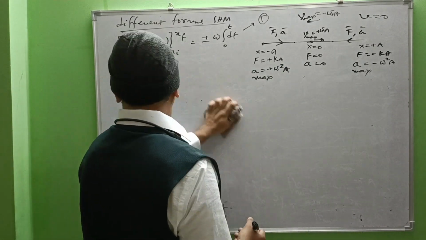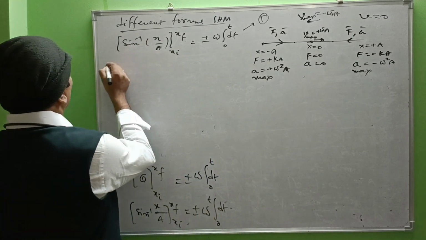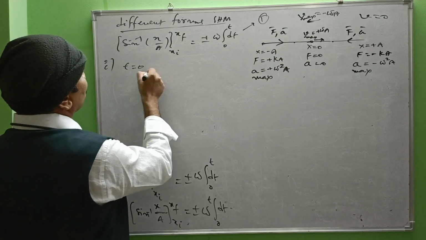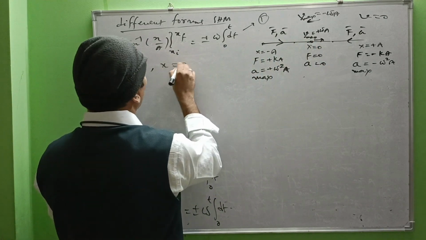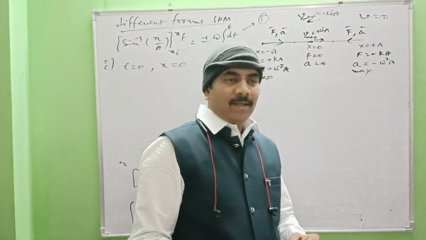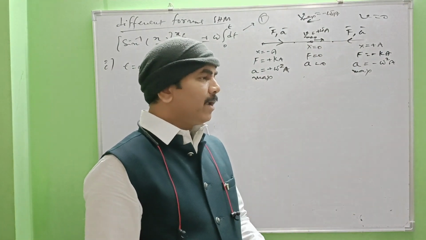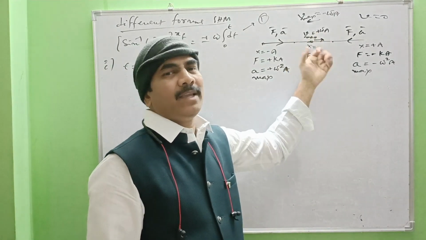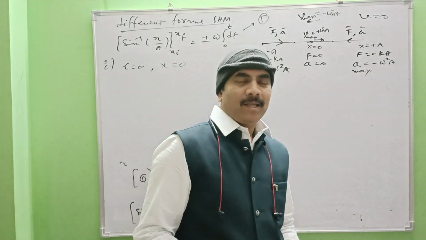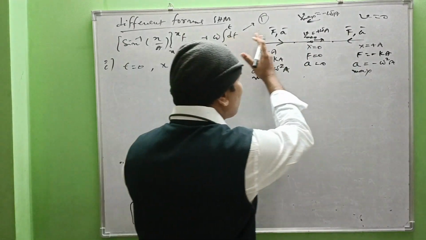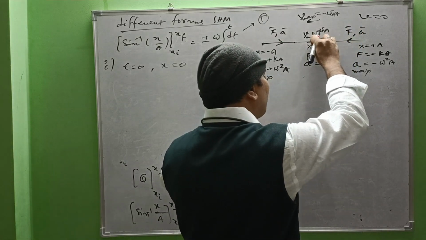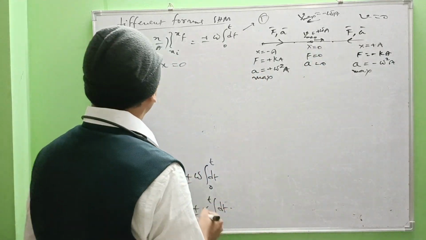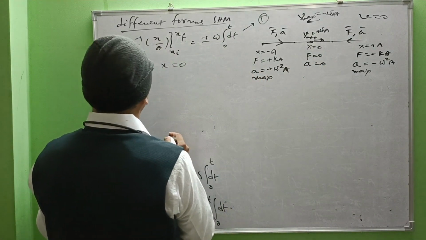So first situation, case 1: when t equals 0, x equals 0. Of course, the particle is under oscillation, but when we took the look initially, that's the initial instant. When it crosses the mean position, I witness the particle. So when t equals 0, x equals 0, right?